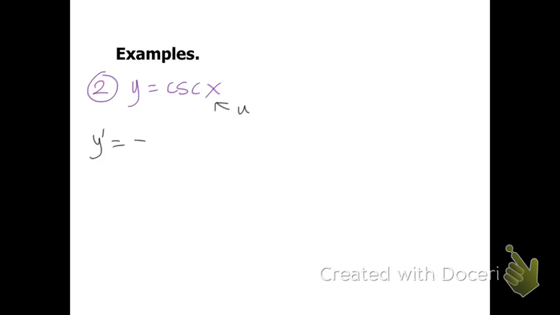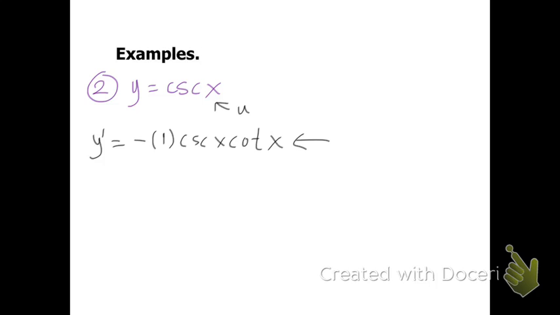Whatever the function is that is inside cosecant. So my derivative of u is going to be again 1. Okay, that's my derivative, a negative 1, and it's going to be multiplied by what? Cosecant of u times cotangent of u. So that's it. This is my derivative.